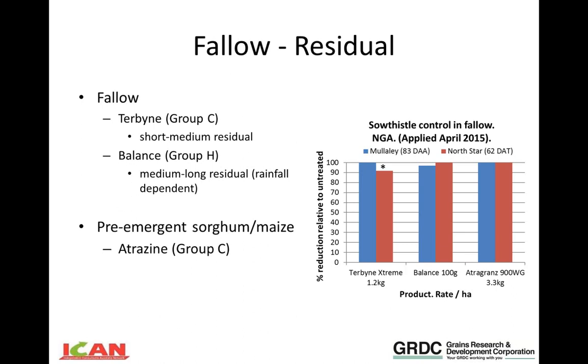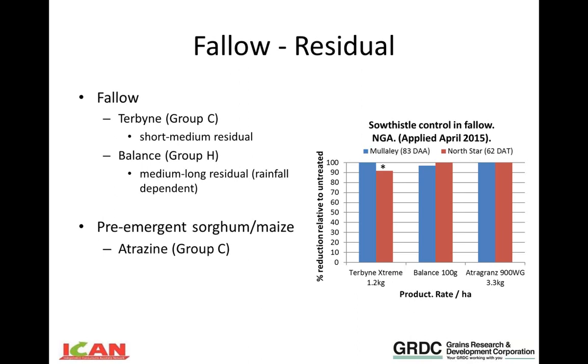Site 1, which is the blue bar, was at Moulamein, and I just wanted to mention that 3 days after the application of residual herbicides, there was 14 mil of rain received, so enough to incorporate that herbicide. The density of plants at that site was quite low, so in the untreated plots, it was only 0.4 plants per square metre.